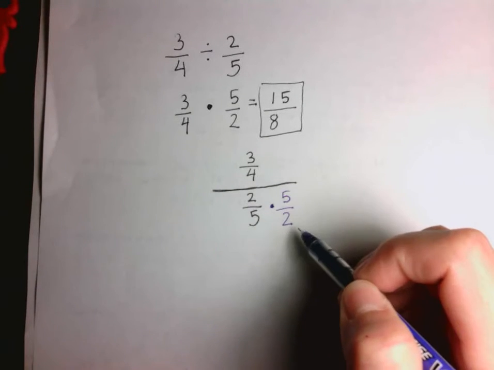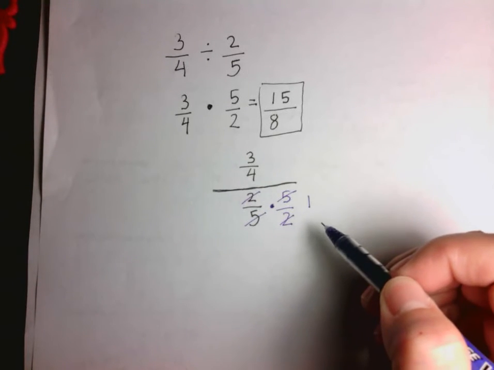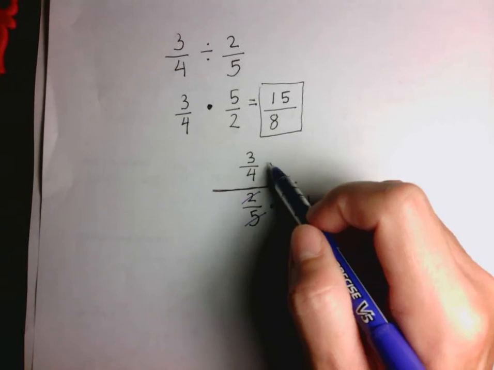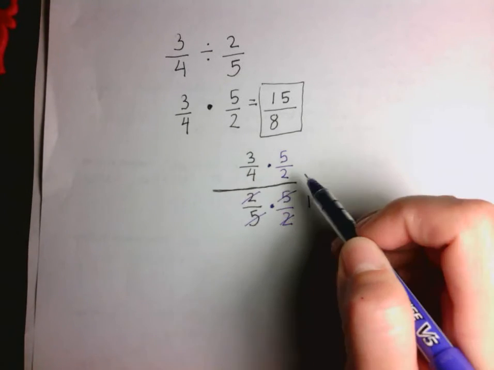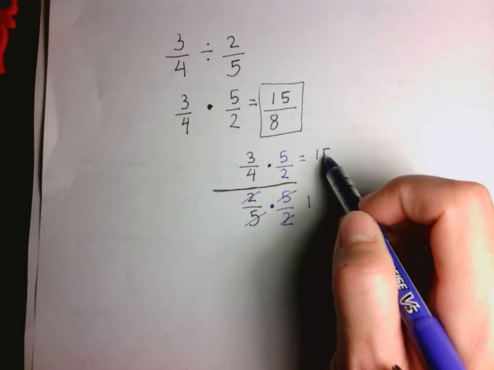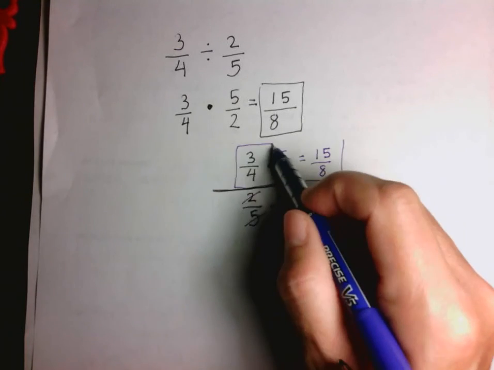And when I do so and I cross-reduce, my denominator becomes 1. But what I do to the bottom, I have to do to the top. So that means I need to multiply my numerator by 5/2 also. And when I do that, I get 15/8.